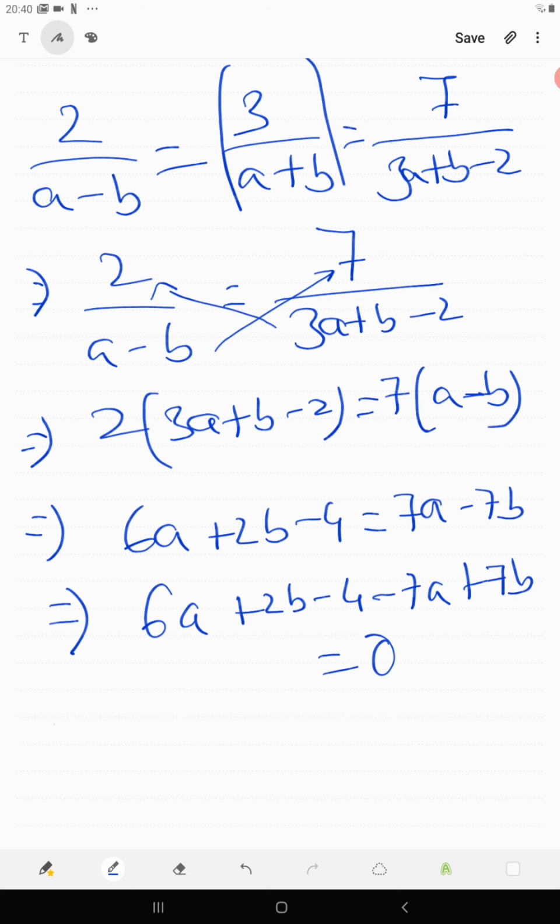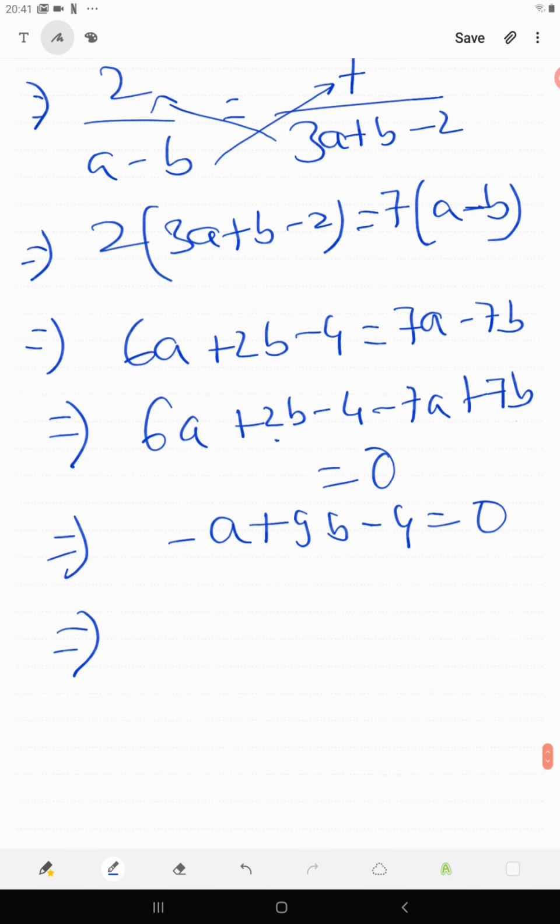So 6a minus 7a is minus a, then 2b plus 7b is 9b, minus 4 equals 0. So we are getting minus a plus 9b equals 4. This is our equation 3.